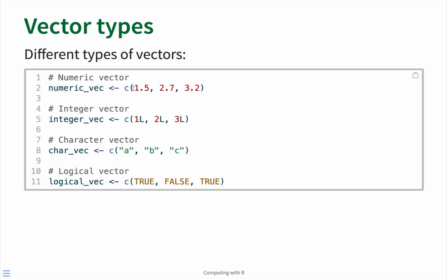Numeric vectors can hold both integer numbers and decimal numbers, but internally they will treat the integer values as if they could be decimal values, right? So it would change internally how the computer stores them. We can also have logical vectors, like you see in this last example, where we hold true and false values.